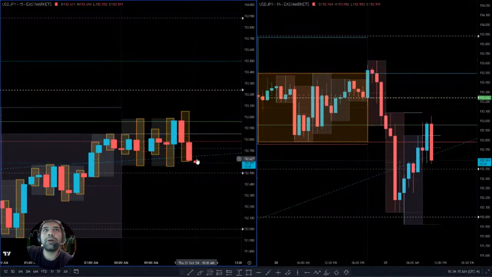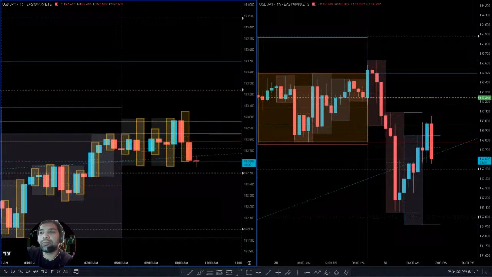It was about to show that it is going bullish, and then it reversed back with a big wick. Around 7 pips.